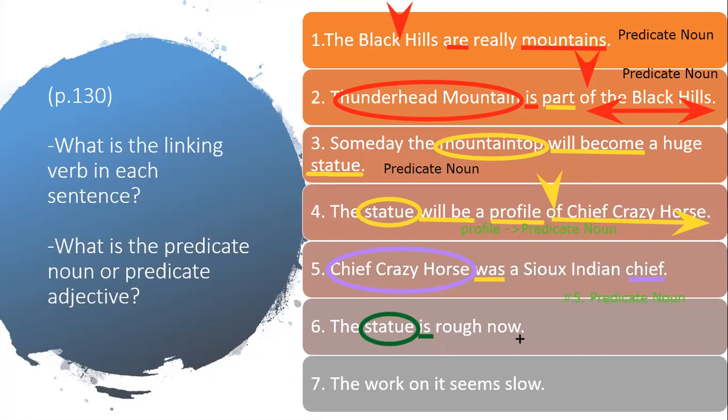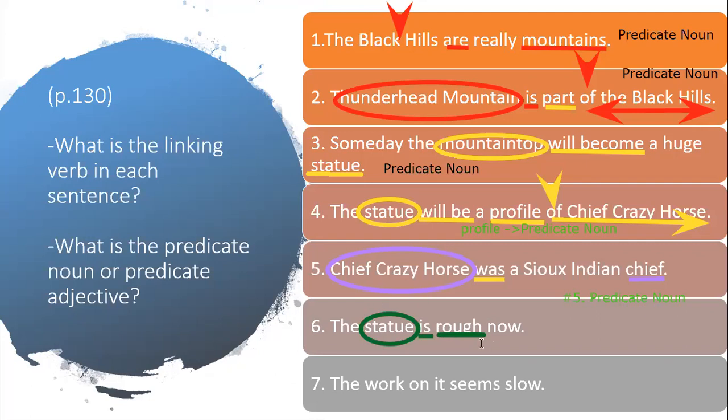Is there an adjective or a noun or pronoun that either renames or describes the subject? Rough, right? Rough is an adjective. It answers the statue is how? Is rough, okay? Or if you use the other testing part that I showed you, if you add the adjective before the subject, we would say rough statue, and it would still make sense. So rough is the word that describes the subject.